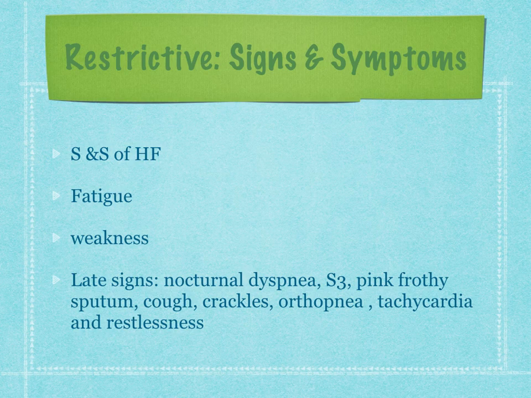So there is a decrease in forward flow of blood. Late signs of restrictive cardiomyopathy will be nocturnal shortness of breath, abnormal heart sound S3, pink frothy sputum, cough, crackles, orthopnea, tachycardia, and restlessness.